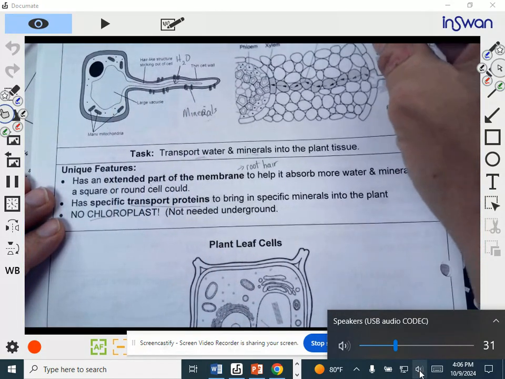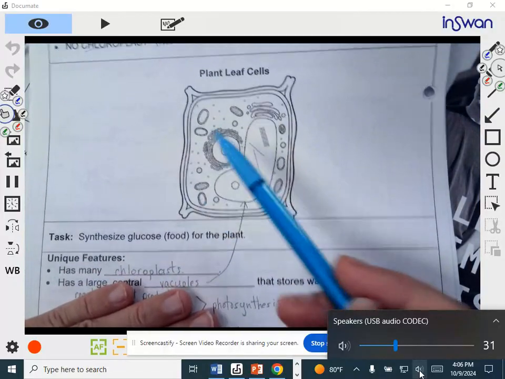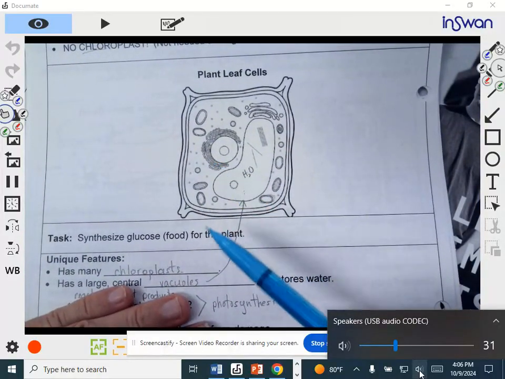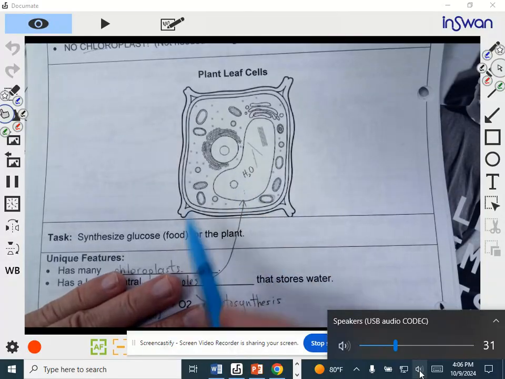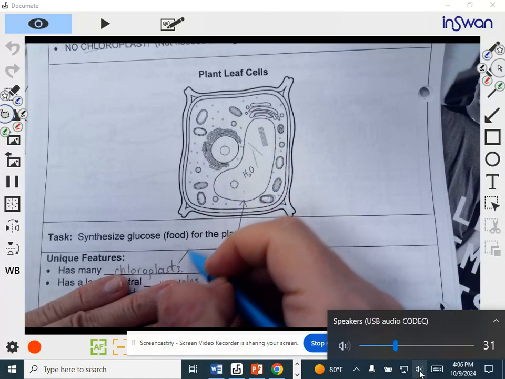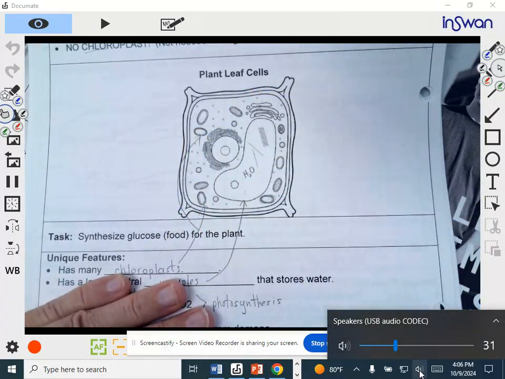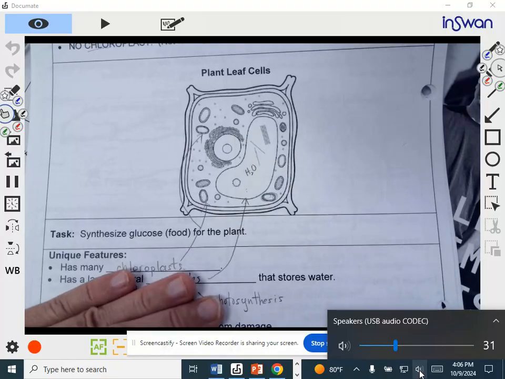Versus our plant leaf cells here are specialized to receive the sunlight and to do photosynthesis. So to do that, the cell parts that assist in photosynthesis are these chloroplasts here. And you're going to see lots of chloroplasts in those leaf cells.